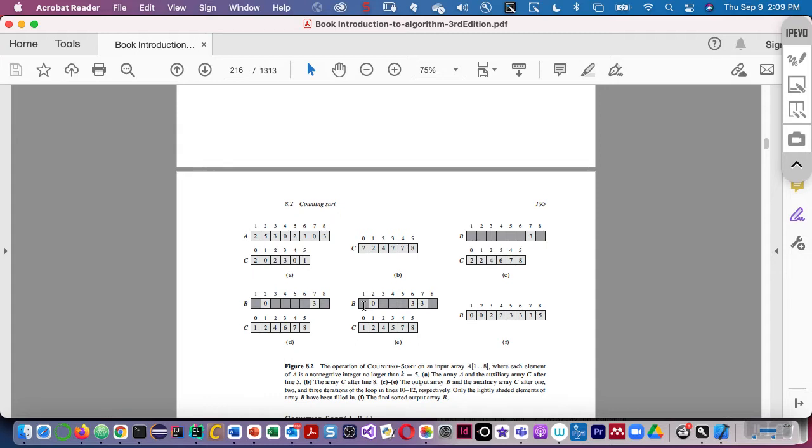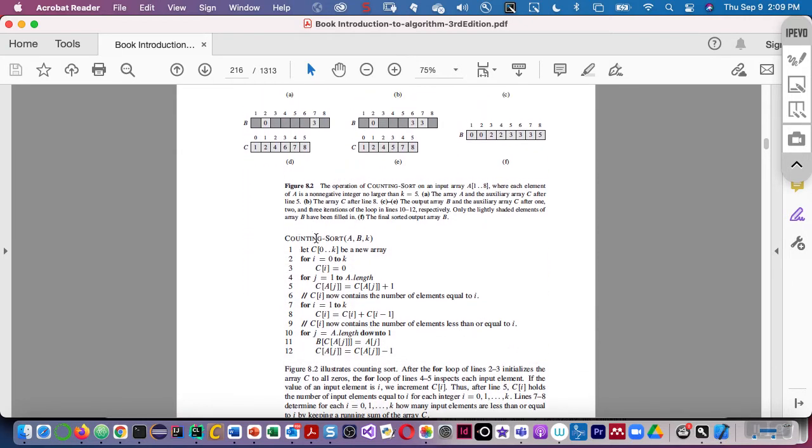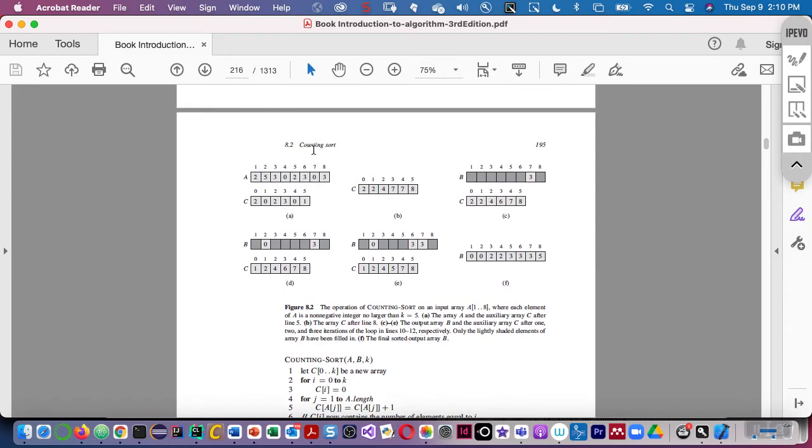The book has a little bit of complexity. The first time you read it, if you do not give more attention, then maybe you will find it hard. But this counting sort algorithm is not that bad. So this algorithm is applied over here.